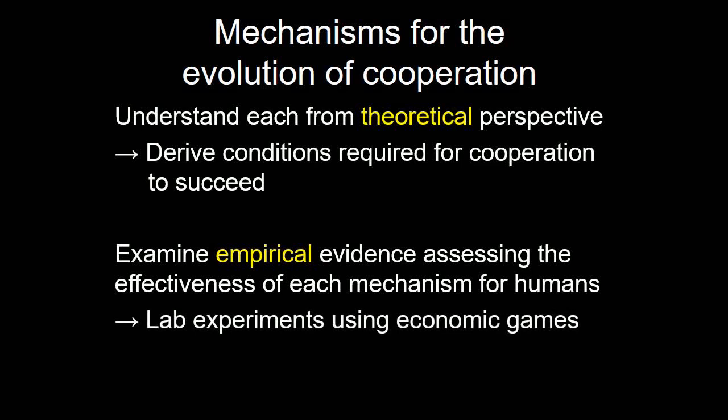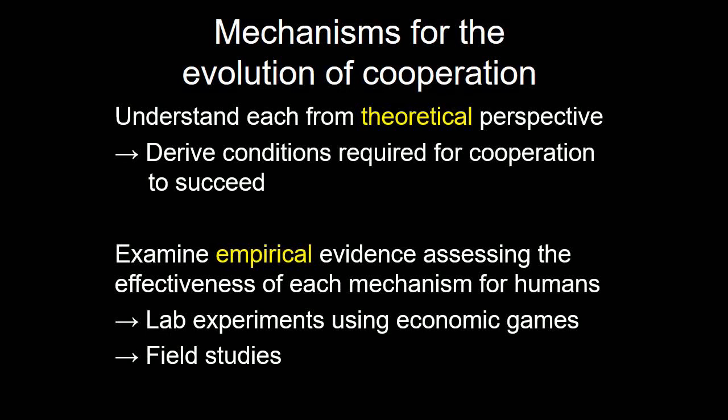Some of that is going to be by looking at lab experiments where we bring people in and have them actually play these games for real money, and see what happens. And then also part of it is looking at field studies and experiments happening in the real world with real behavior.